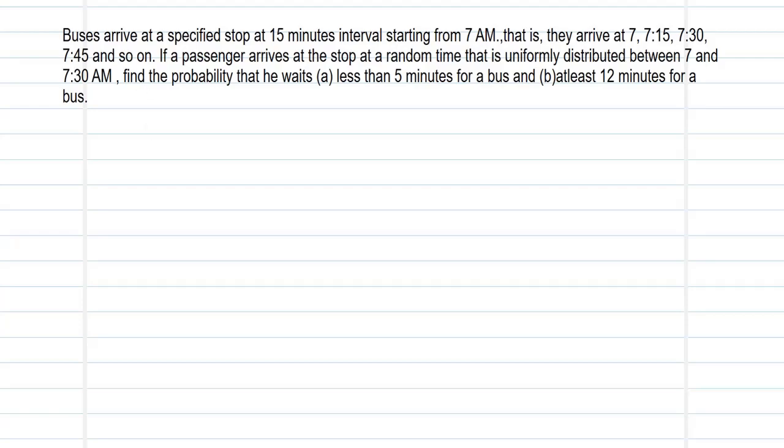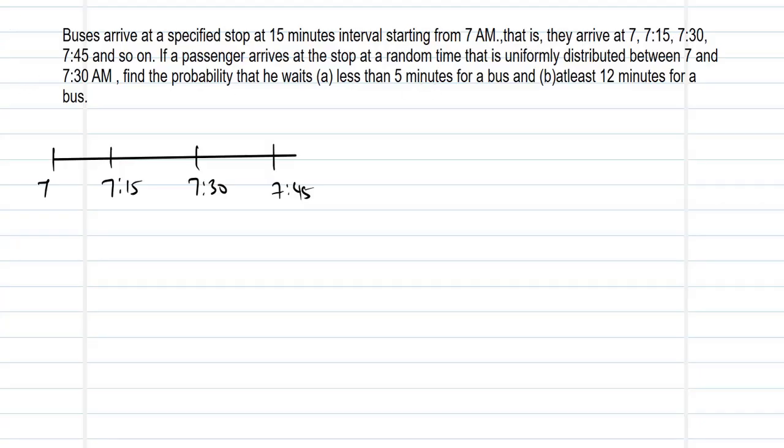Okay, so the case is like you have the period of waiting time. Say this is the waiting time at exactly 7, 7:15, 7:30, 7:45. You're going to have buses of such kind. But the passenger arrives during what duration?